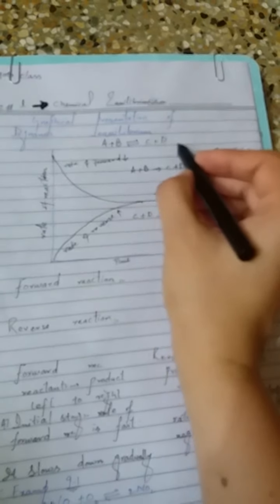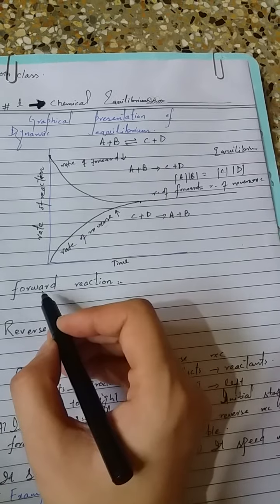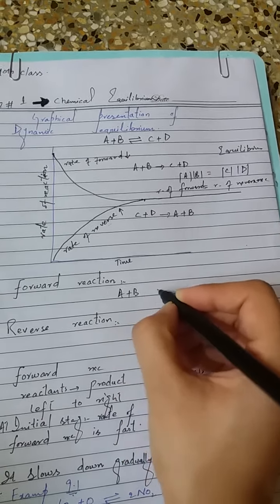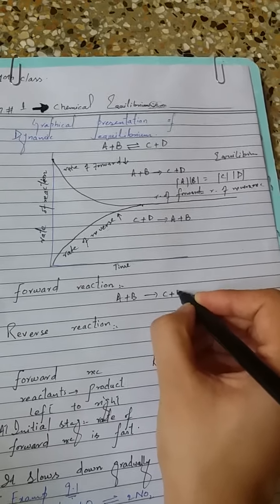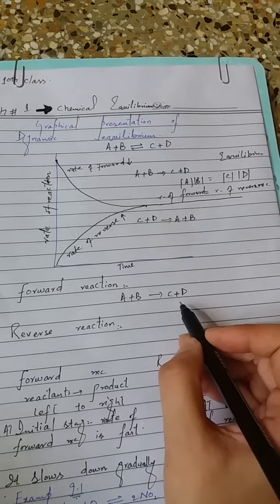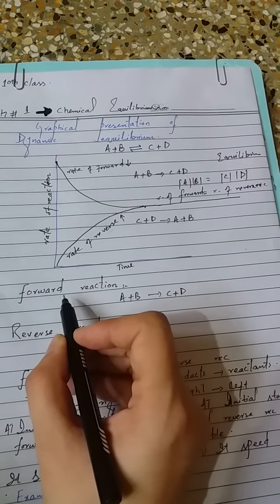For example, this reaction can be explained as forward reaction when A reacts with B, it forms products C and D. Here the rate of conversion of reactants into products per unit time is known as forward reaction.